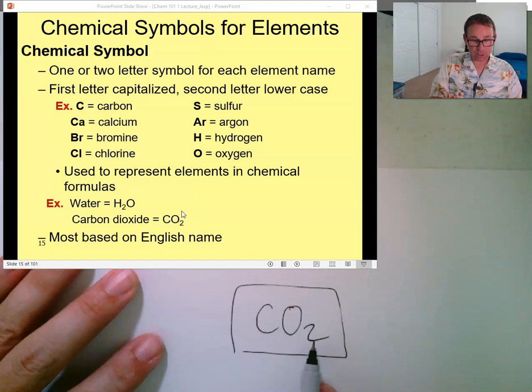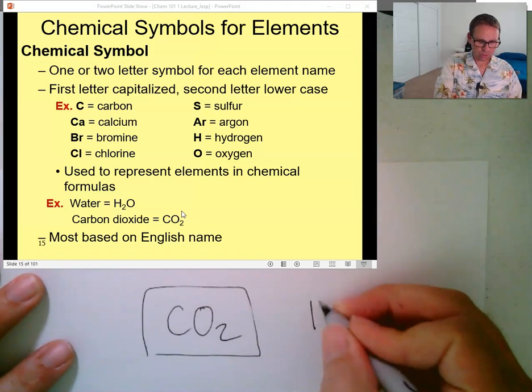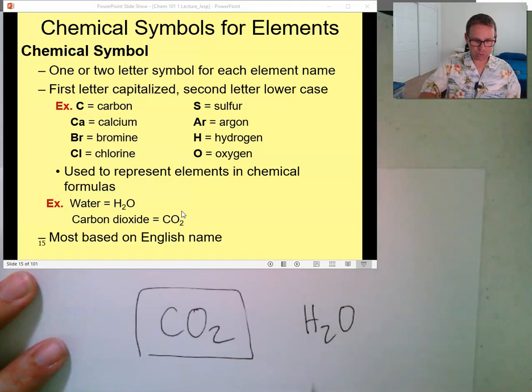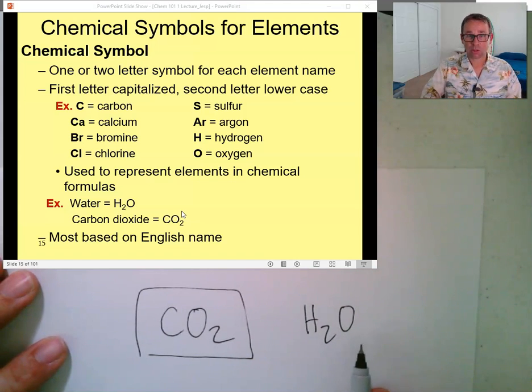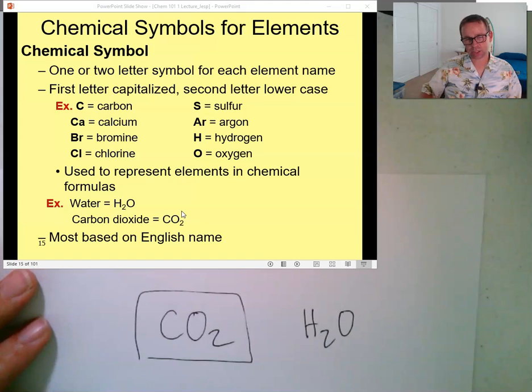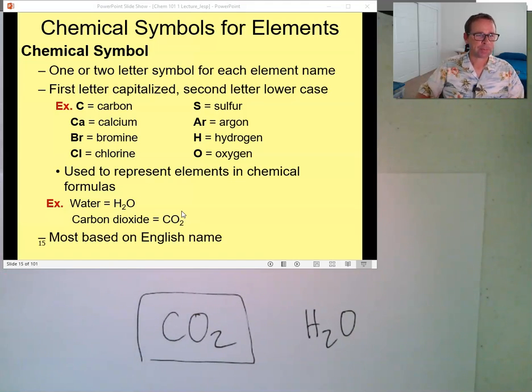Oh. But the 2 is for the oxygen. So, let's look at water. Here's water, H2O. What does this molecule look like? How many atoms of hydrogen and how many atoms of oxygen? 1 atom of oxygen and 2 of hydrogen. Very good. Excellent job. Okay.